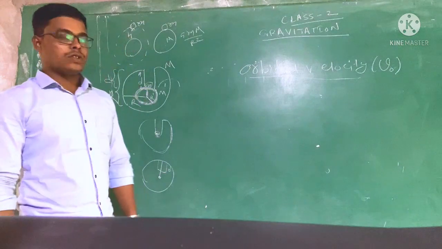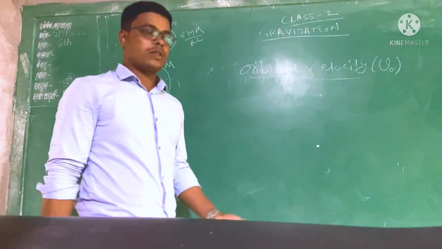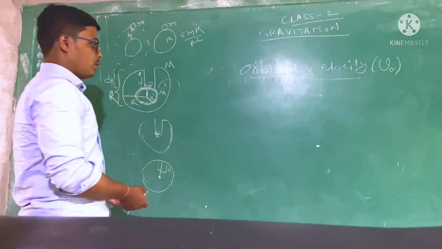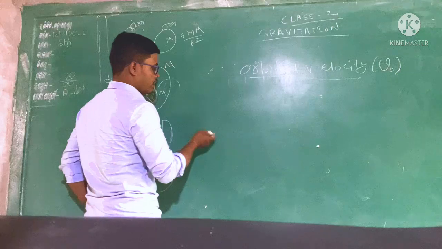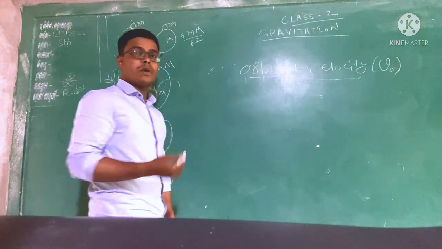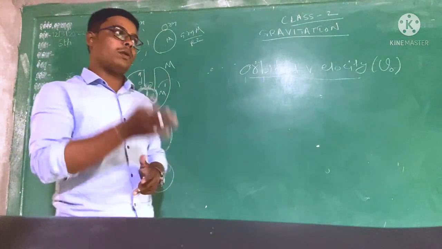Orbital velocity is simply the velocity with which the orbit is moving, or you can say the velocity at which the planet is revolving around the star or the satellite is revolving around the planet.